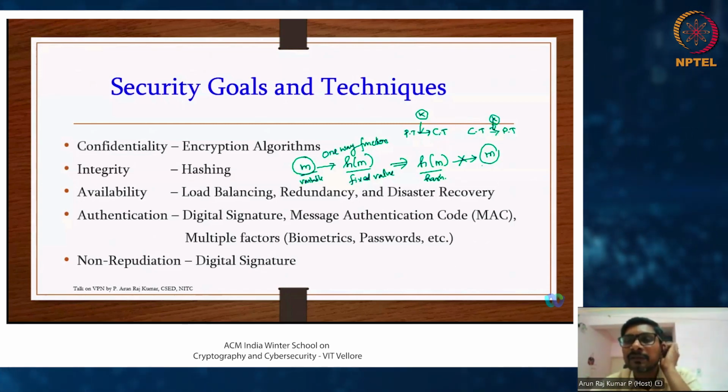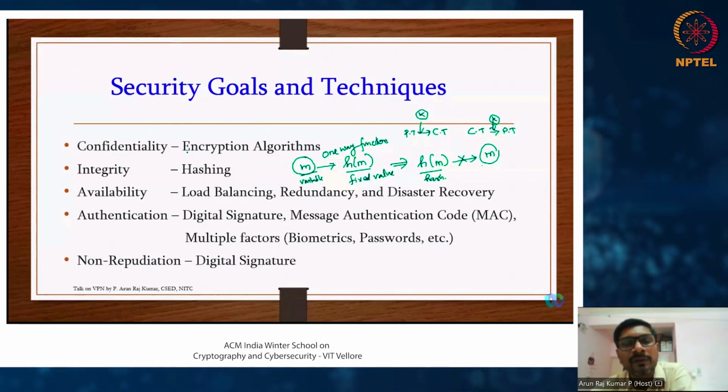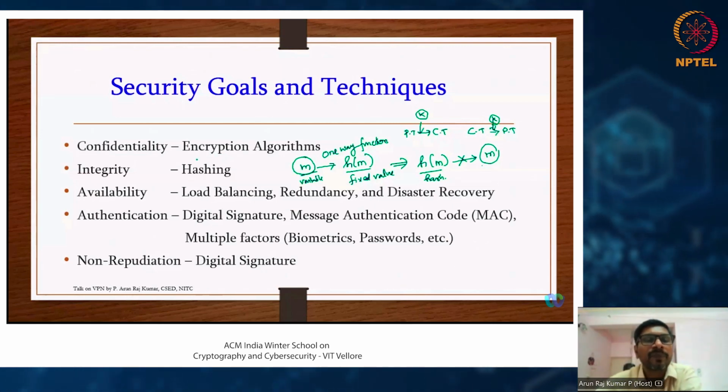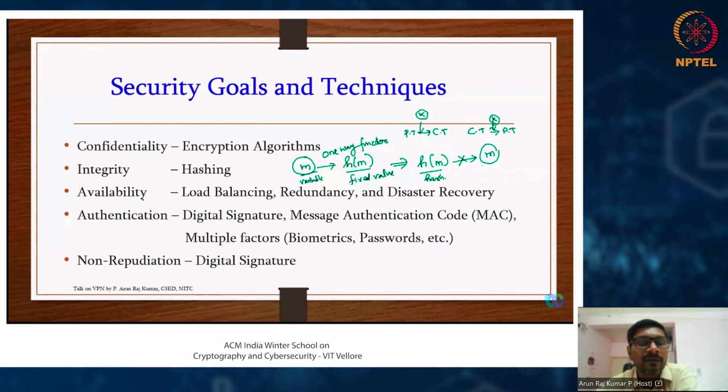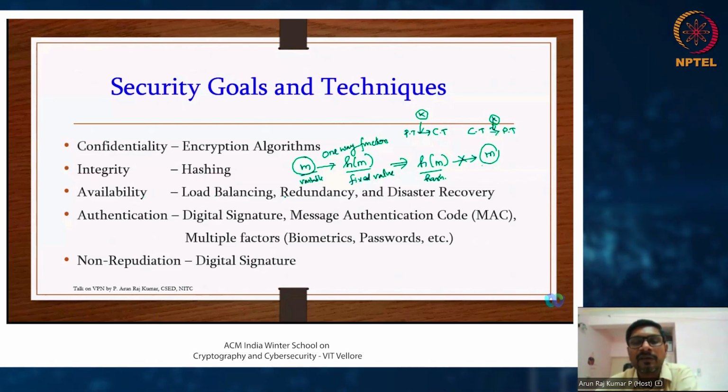In asymmetric encryption, you have two different keys. But I'm not covering it now. Let's understand that to achieve the confidentiality goal, we work with encryption algorithms; to achieve integrity, hashing; and to achieve availability, we use load balancing, redundancy, and disaster recovery.